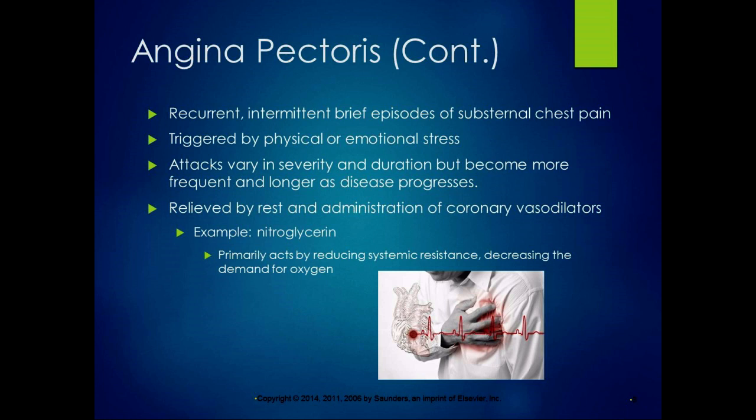And most people who have nitroglycerin prescribed to them often wear it in a little tube around their neck. There's a little necklace that you can keep your angina medication in. So nitroglycerin primarily acts by reducing the resistance in the cardiovascular system, and it decreases the demand for oxygen.